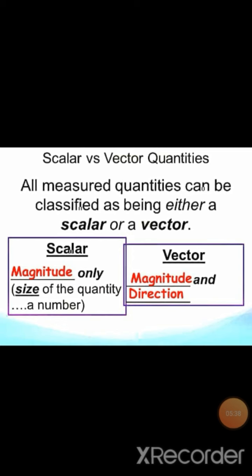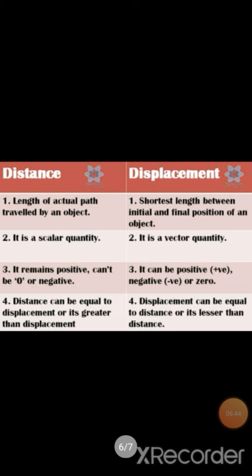Now that we understood the difference between scalar and vector quantities, let us discuss the differences between distance and displacement. The total path length travelled by an object is distance. The shortest length between the initial and the final positions of an object is displacement.